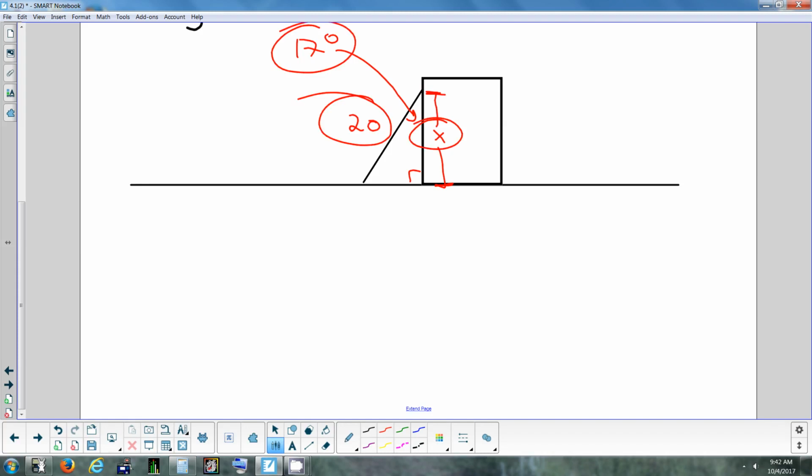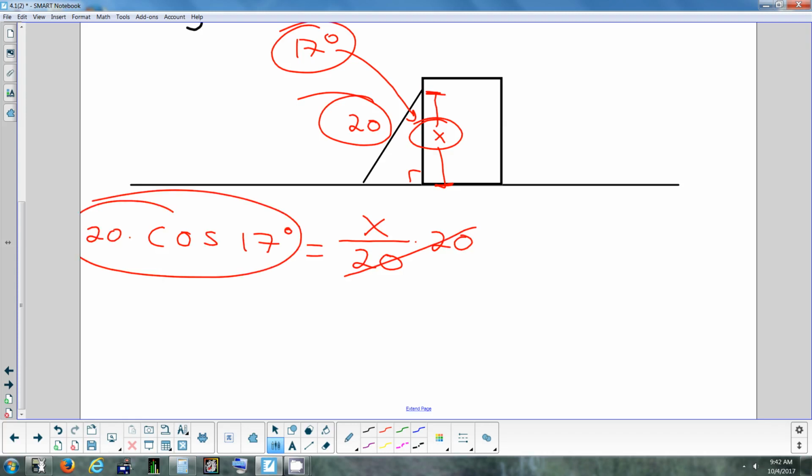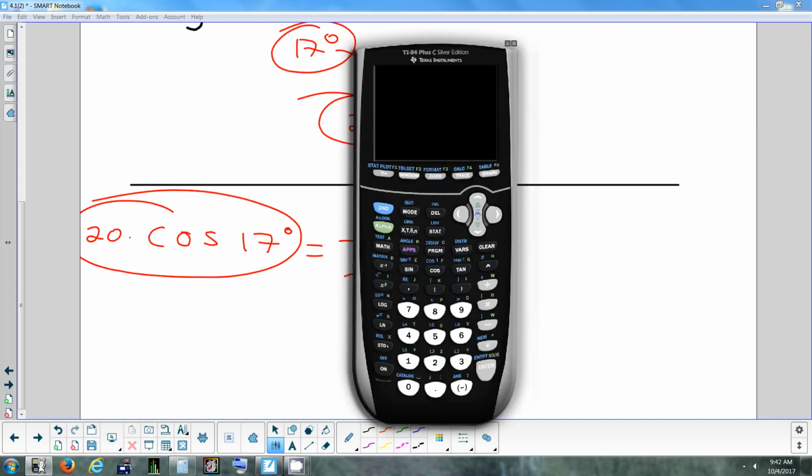Cosine. So we're going to write cosine of my angle equals adjacent over hypotenuse. And Haley, how would I get x by itself? Multiply by 20. And that's how high the ladder will reach up the house.